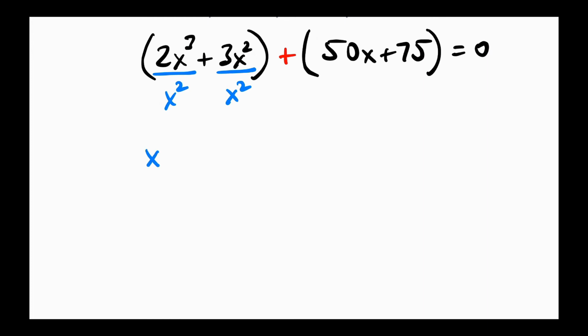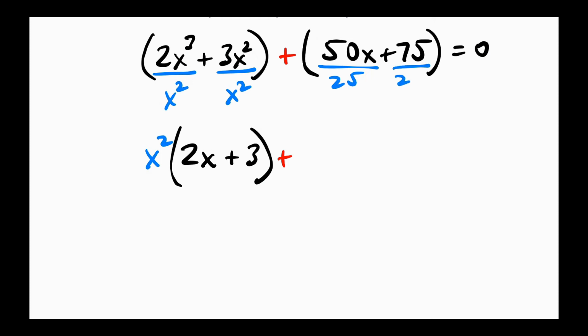So I put the GCF in front. That's going to leave 2x plus 3, plus. Now, what do I divide by if I want another 2x plus 3? 25. There you go, 25. Good. 25 over here, 2x plus 3.